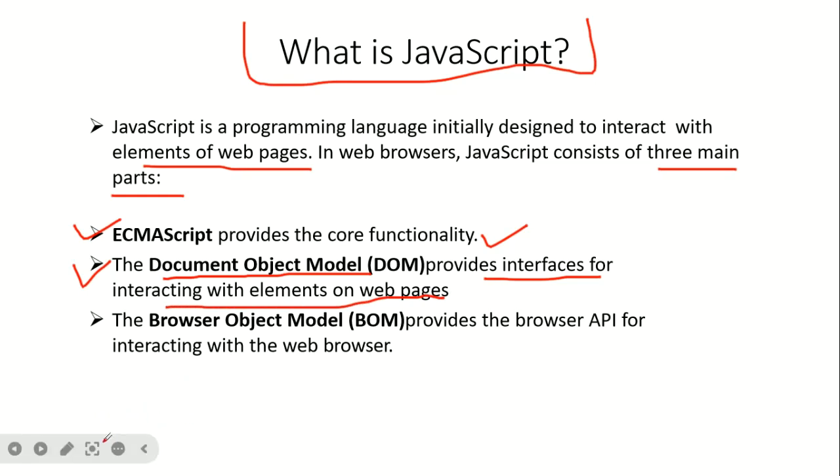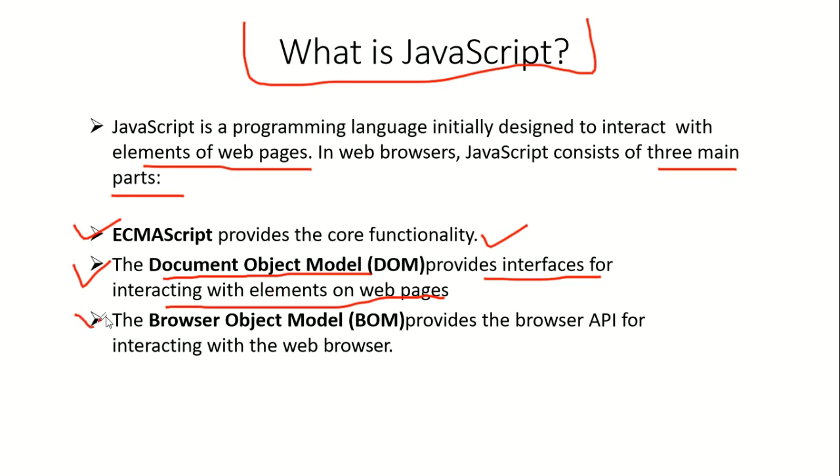The DOM concept always interacts with the elements. Elements are HTML elements, like tags: heading, paragraph, anchor tag. These are all elements. For that, we add the DOM concept. It always interacts with the elements of a web page.